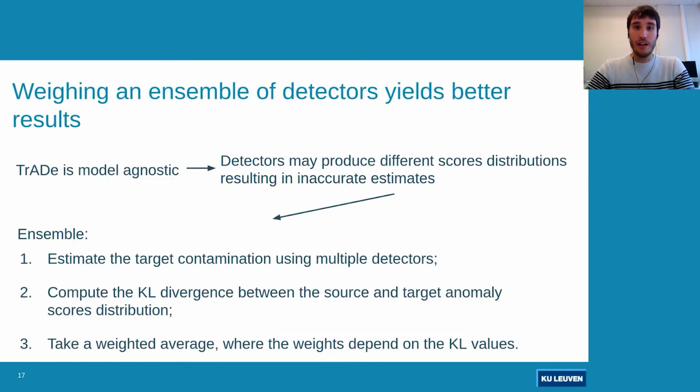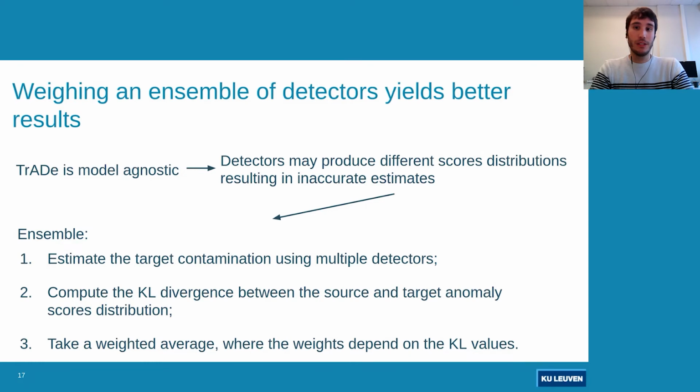However, so far I have never stated what anomaly detector has to be used to compute the anomaly scores. This is because TRADE is a model agnostic approach, meaning that one can use any existing anomaly detector that is able to assign real valued anomaly scores. Though it may happen that the source and the target distribution of scores look quite dissimilar, which may erode the accuracy of the transfer. To overcome this limitation, we propose to use an ensemble of anomaly detectors that works in 3 steps.